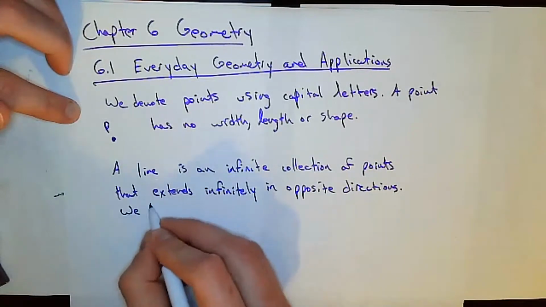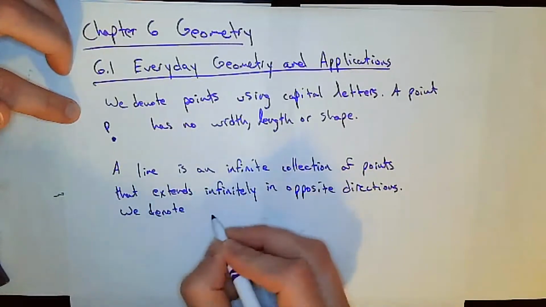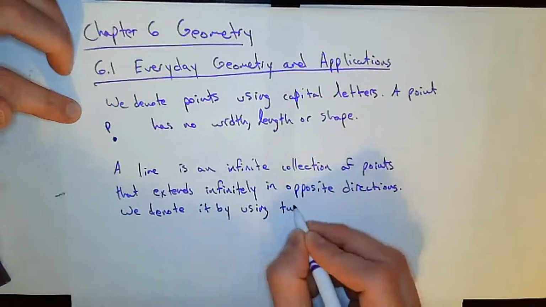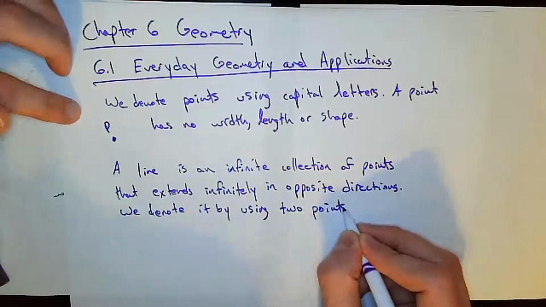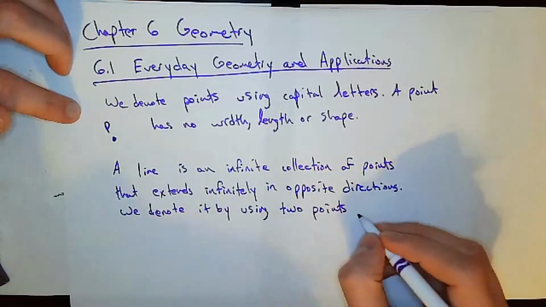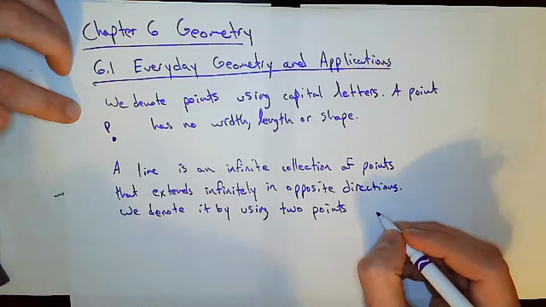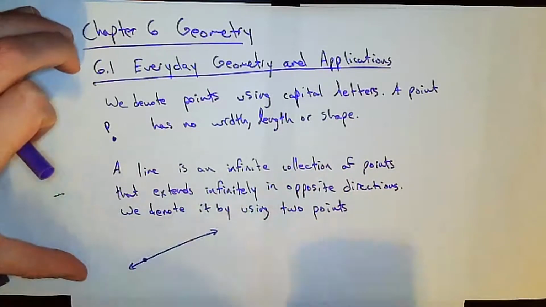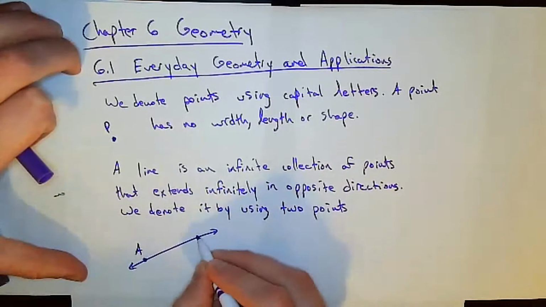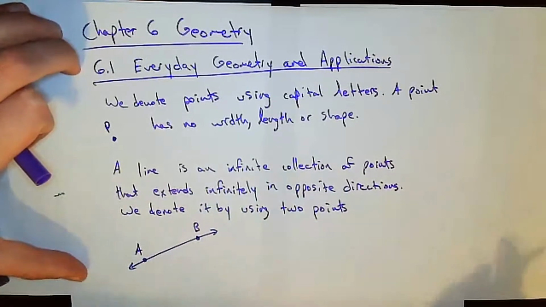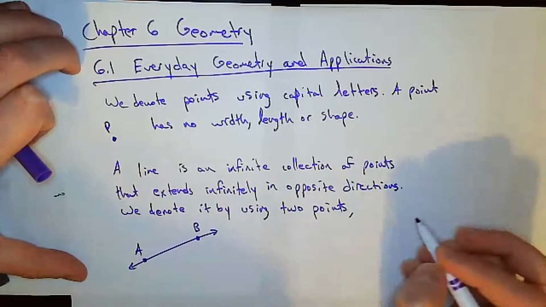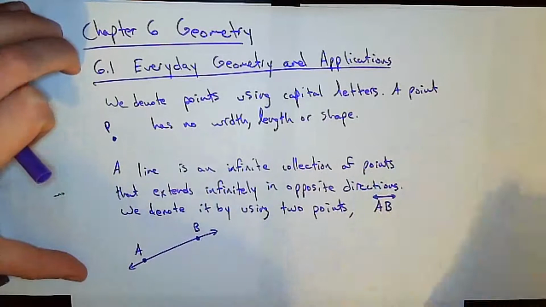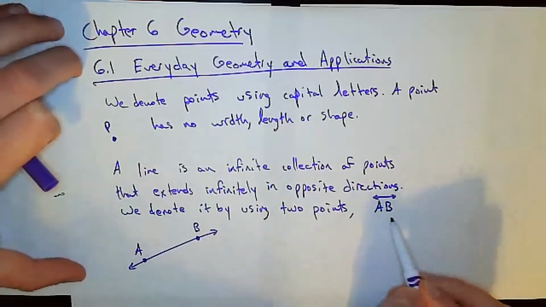We denote it by using 2 points on the line, just 2 random points on the line that we're going to label. So when I draw the picture, typically we'll say A and B, so I'll just pick some random point on the line, A, and then some point B on the line. And we denote it by writing AB together with this little line symbol above them. So it's like a little mini line above AB.